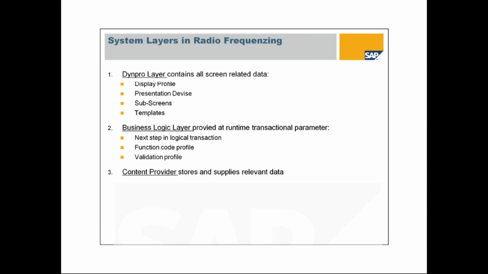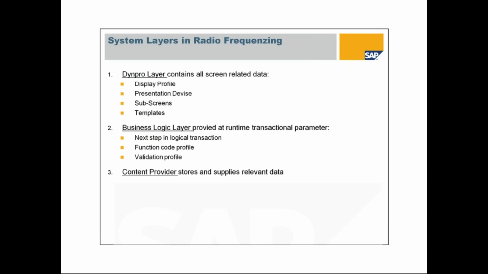For example, if I click on the inbound delivery or on any warehouse order, it will navigate to some other screen showing the product, quantity and source bin. If I click on the next button, it goes to the destination bin, and so on. Like this, subscreens. Some fixed templates are available that we can use in our RF screens. That comes under the DynPro layer, which is most relevant to the screens itself.